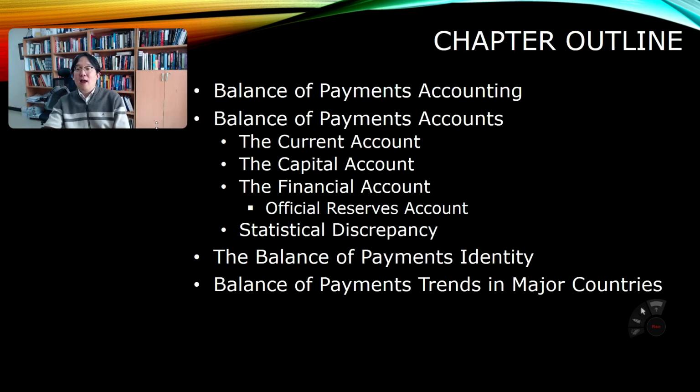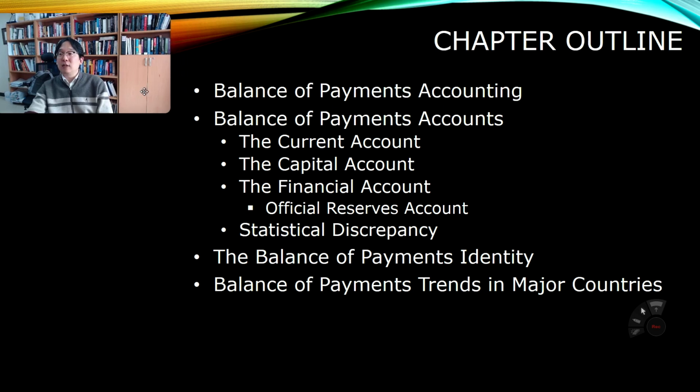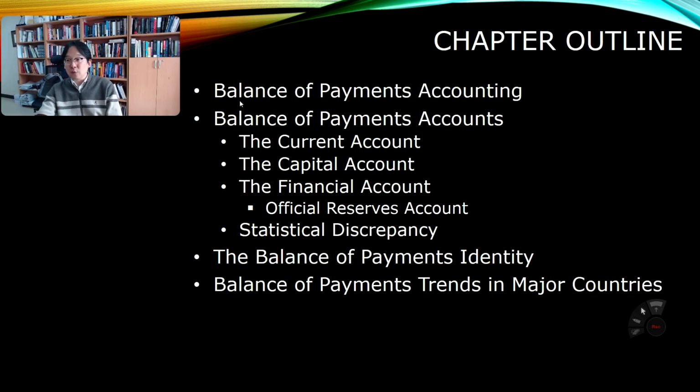Okay. And the balance of payments accounting, the concepts that we learn, is over here, right? Roadmap of this class. We're going to talk about the elements of the balance of payments account, right? There is the current account and capital account and financial account. And there is something called the official reserves account.